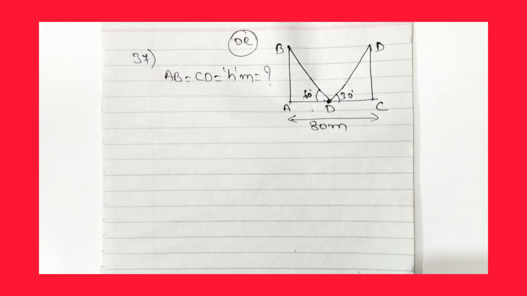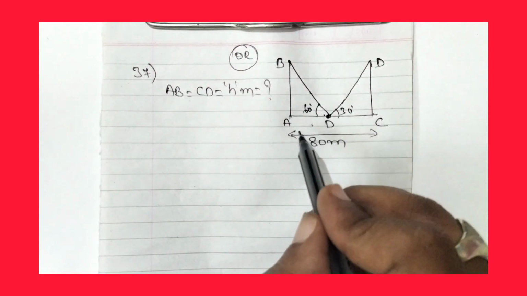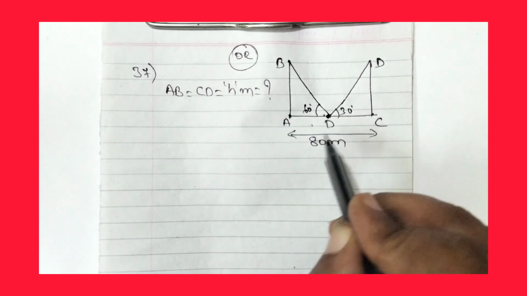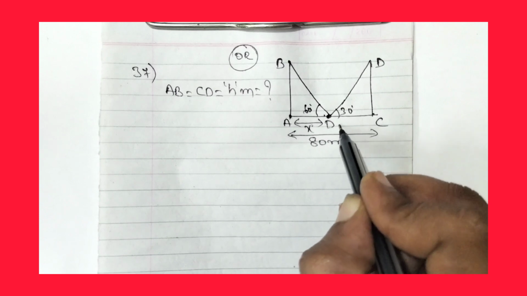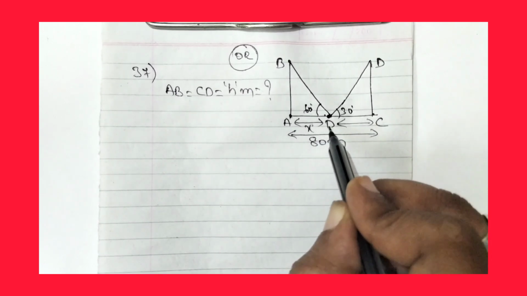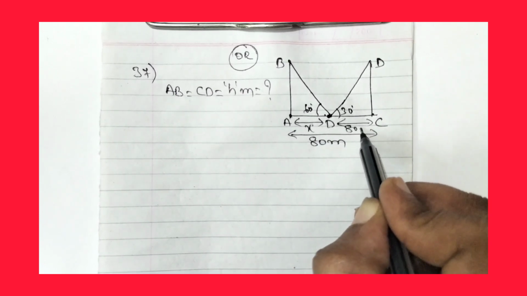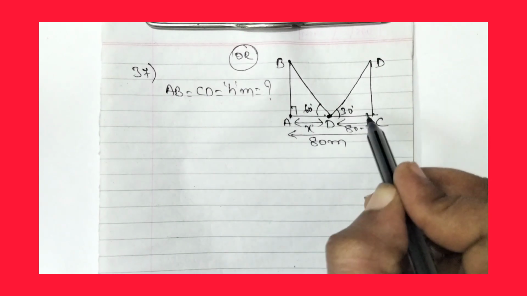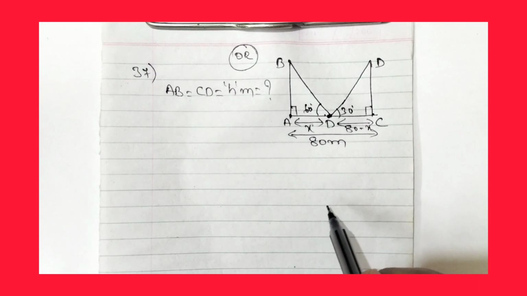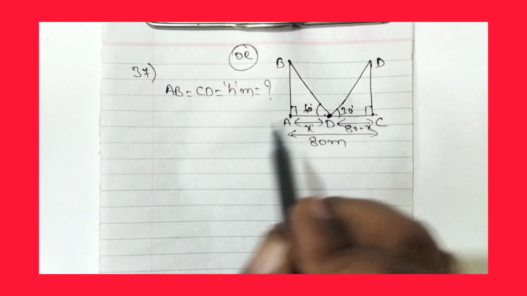If the total distance from A to C is 80 meter, and the distance between A and D is x, then the distance between C and D is 80 minus x. Using this, let us calculate the height of the poles and the distance from the point D.